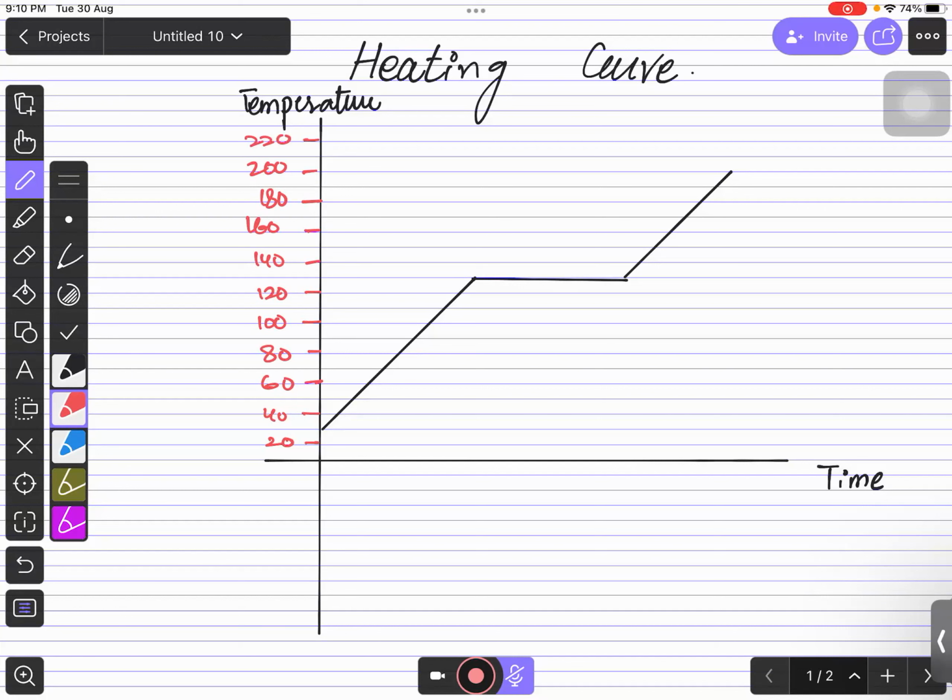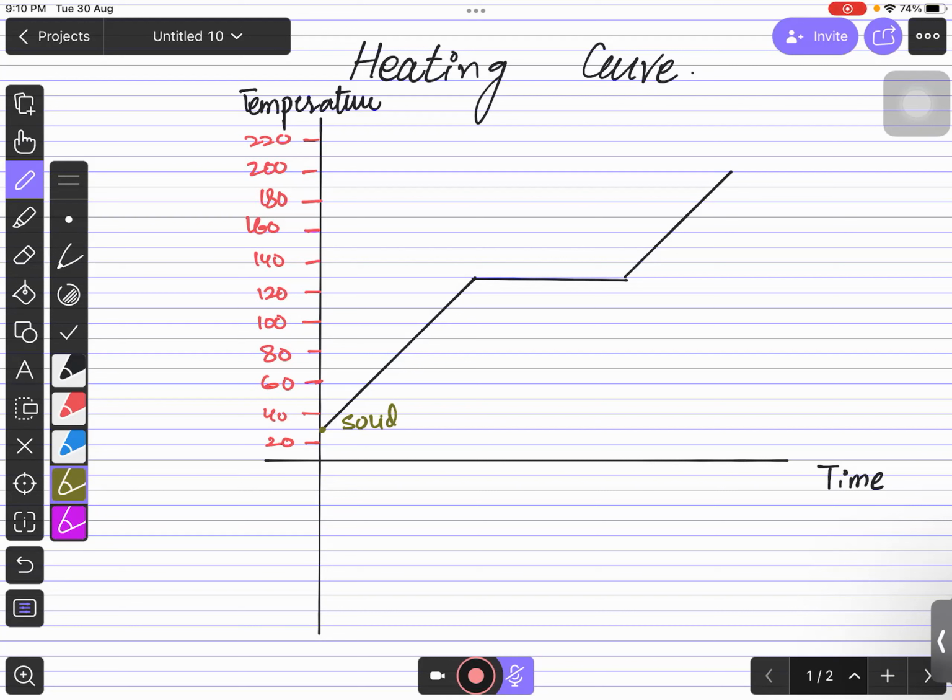So this is one of the heating curves, and you need to understand a few things: how can you read this graph, how can you understand it. Just look over here, bacho. The substance is solid over here. You know what the room temperature is.